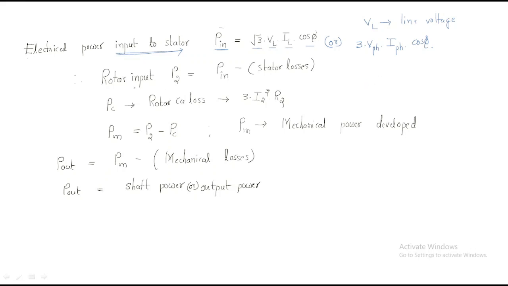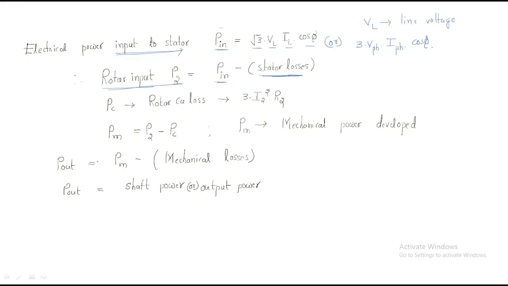After giving the input, the rotor will get input. Rotor input is nothing but total input minus stator losses. We give the input to the stator, and the stator has some loss, so by removing the stator loss from the input power, we get the rotor input.